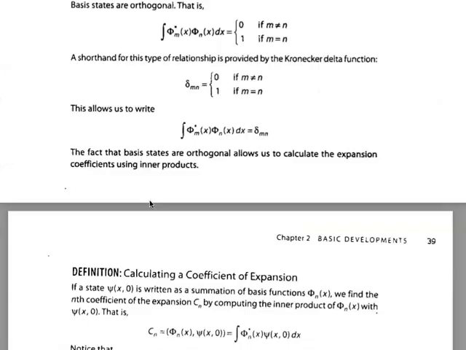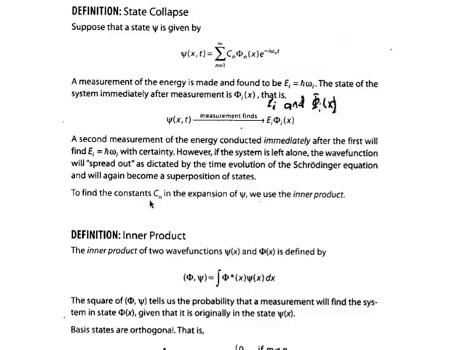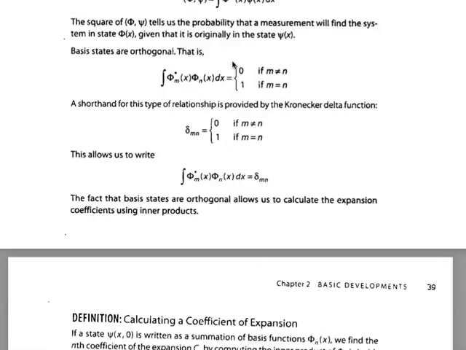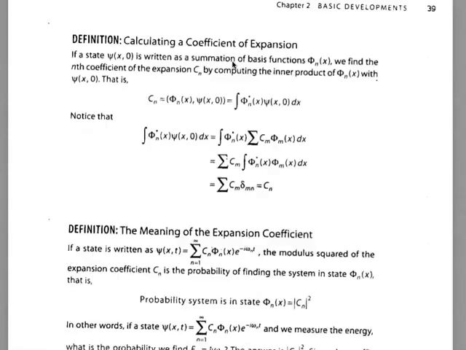So then finding this coupling coefficient, let me go back to that so you can see it here, c sub n. So c sub n figures to be very important in this context as well. Why is this so important? Because as I said, if the system starts out in the psi state, and then as soon as you take the measurement, the probability of the system being in this psi sub n state is the magnitude of c sub n squared.